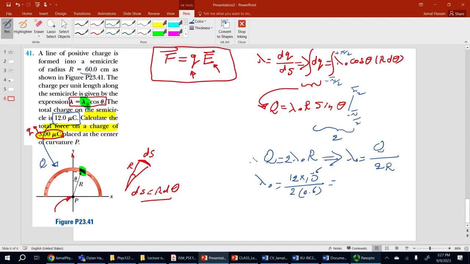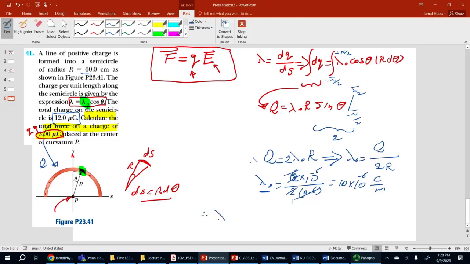This simply equals 10 microcoulomb per meter, so 10 to the power minus 6. The unit of linear charge density is simply coulomb divided by meter.